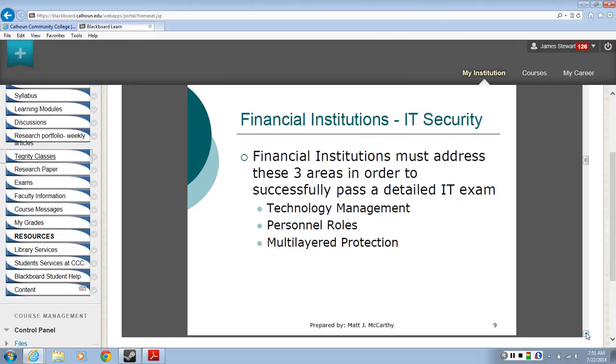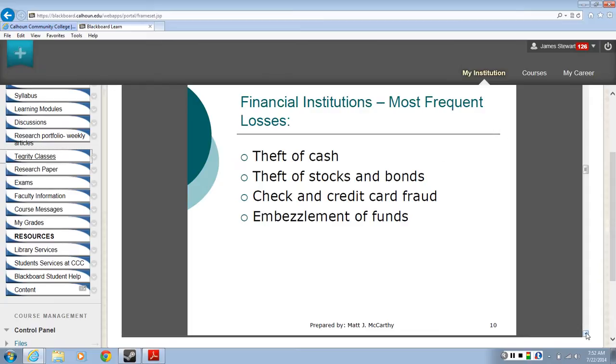Some of the retailers have had problems with internet security that allowed some of the criminals to gain access to personal identification and financial information for people, and if they get your bank account number, they can probably drain your bank account. So we're also having to try to protect some of these financial institutions from an information security perspective as well. Some of the most frequent losses for financial institutions are simply theft and embezzlement and fraud.